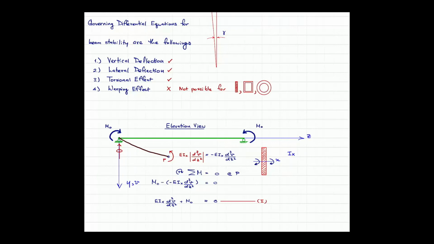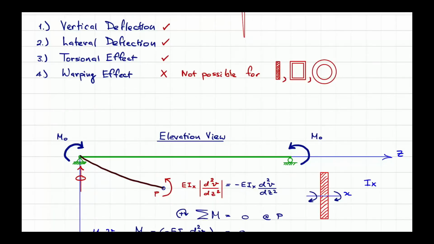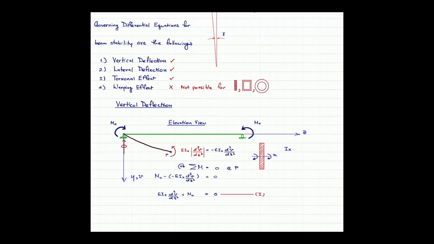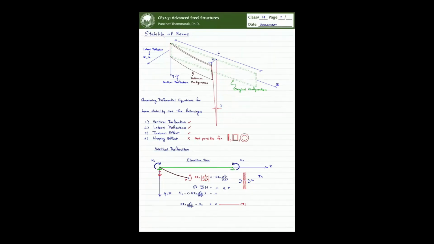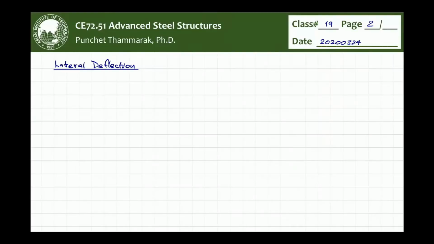Okay, so I will just list it out over here. Over here it is the vertical deflection, and the view is the elevation view, just like this. The next one we have the plan view.